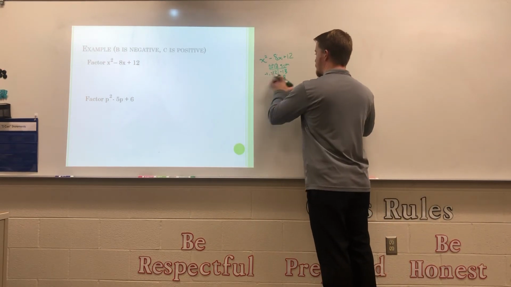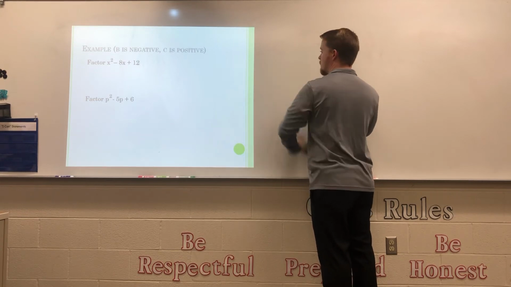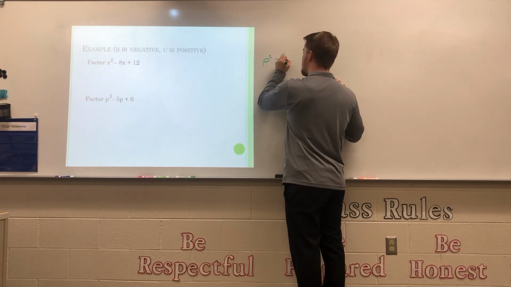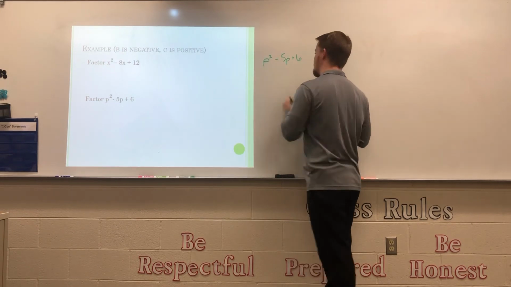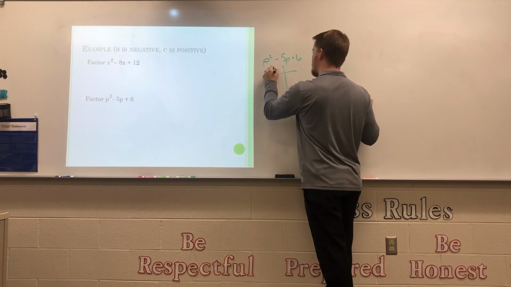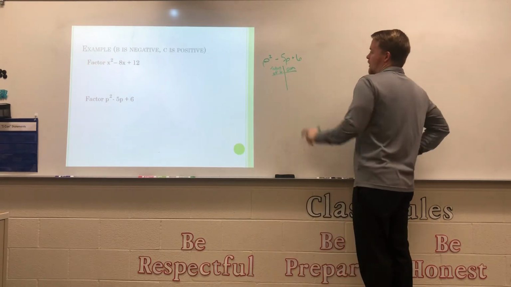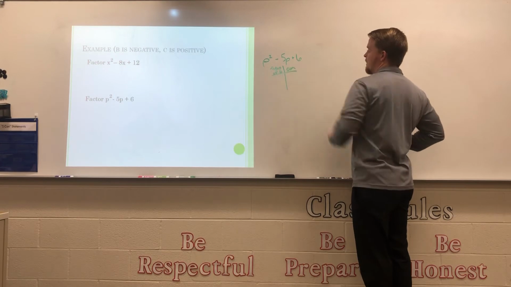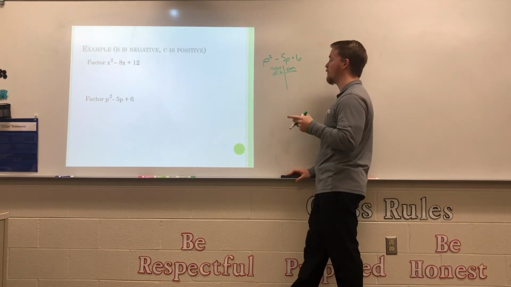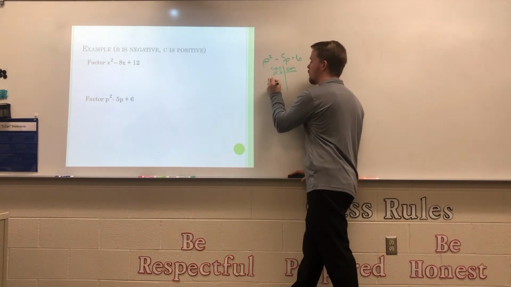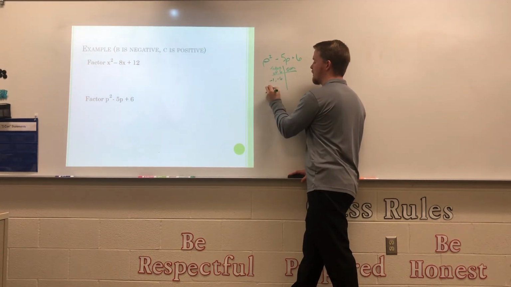Let's look at the second one. P squared minus 5p plus 6. Factors of 6 and their sums. So we have a positive c and a negative b, so that should tell us that both factors have to be negative. So factors of 6: negative 1, negative 6, negative 2, negative 3.